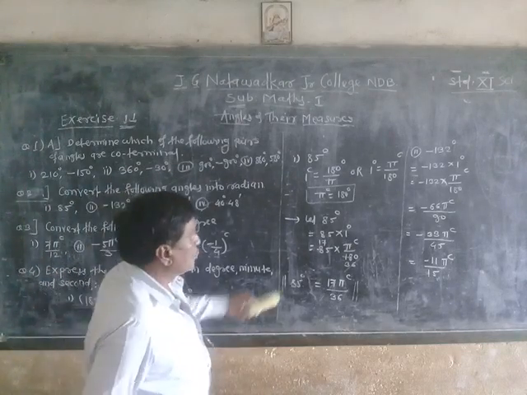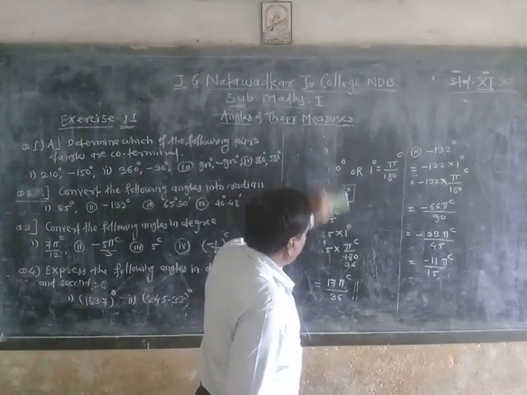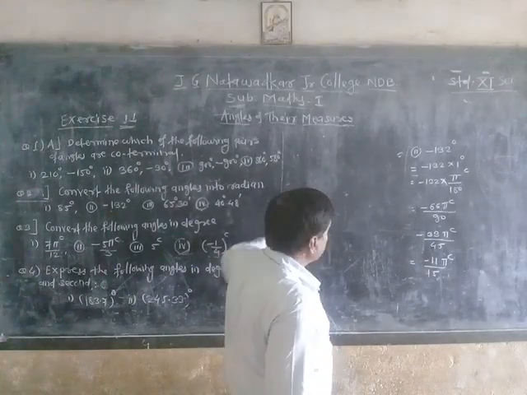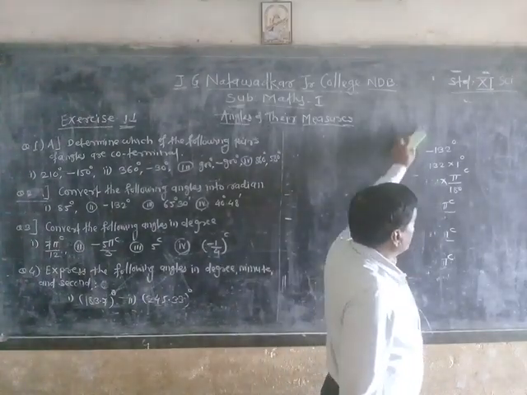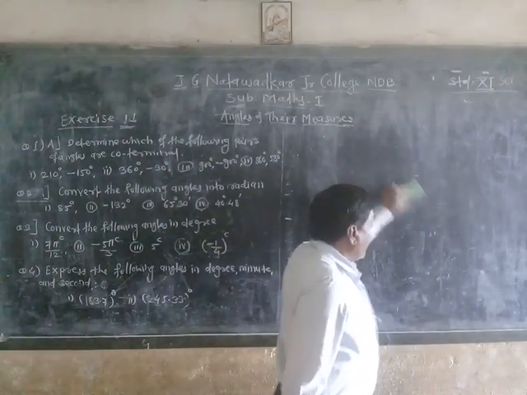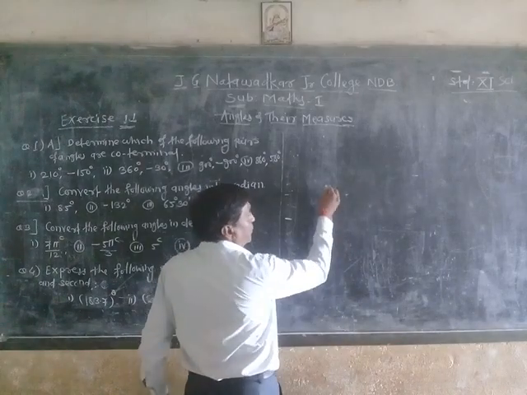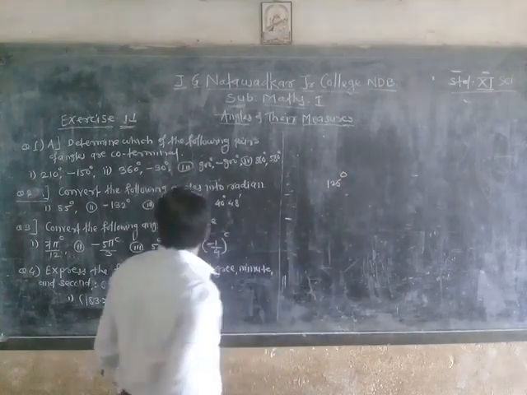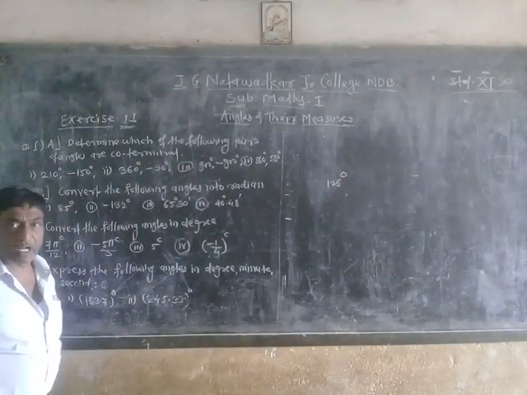Okay. So by the way, any given degree measure can be converted into radian measure. For example, suppose you are given 125 degrees and you want to convert it into radian measure.